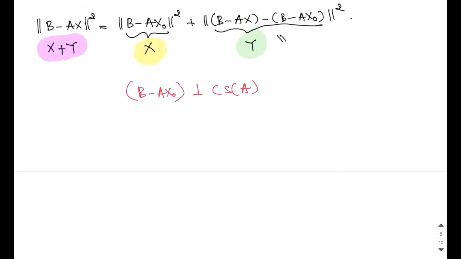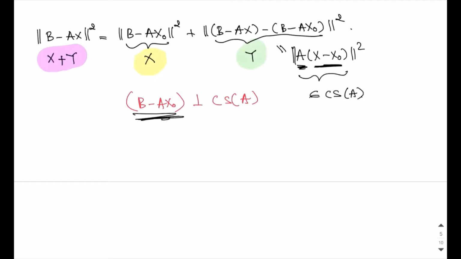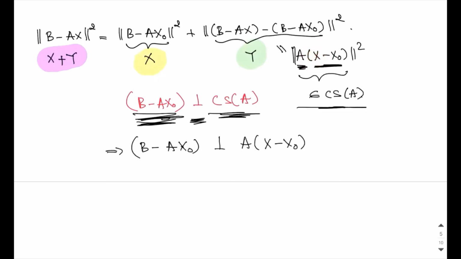If you simplify, it's A times (x minus x0). If you multiply the matrix A with the vector x minus x0, then that is going to be inside the column space of A. And because b minus Ax0 is perpendicular to the whole column space of A, it is going to be perpendicular to this vector as well.